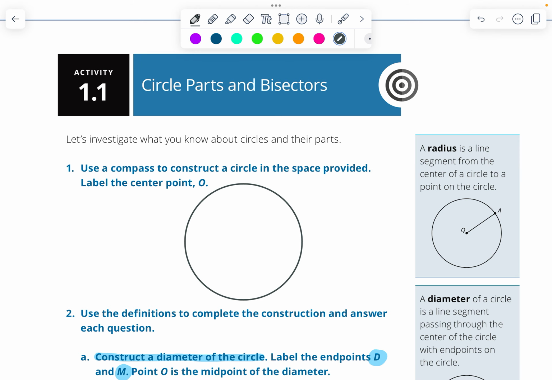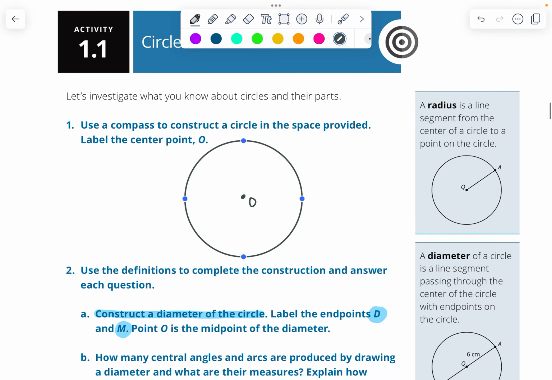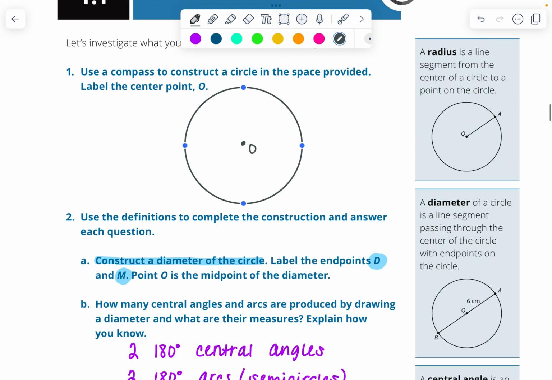And we're going to put that center point at O. Okay. Use the definitions. So here are the definitions, and there's a bunch, to complete the construction and answer each question. Construct the diameter of the circle labeled the points D and M.